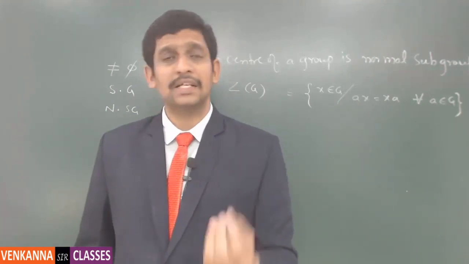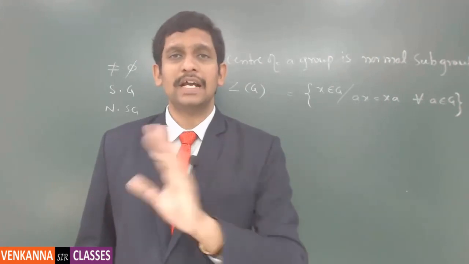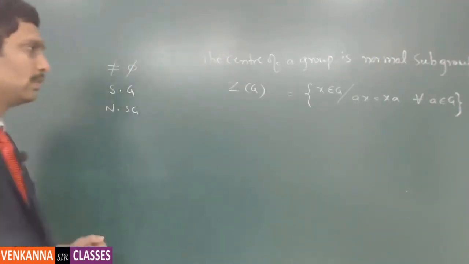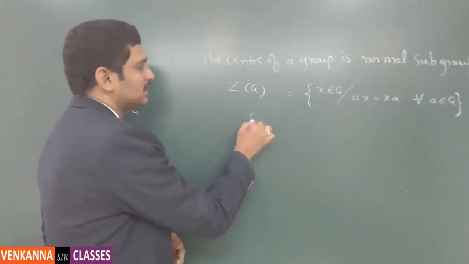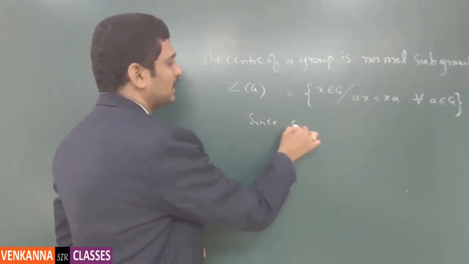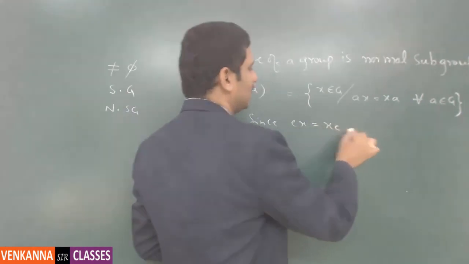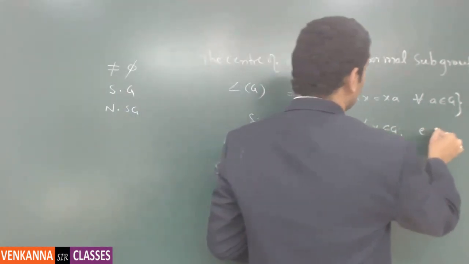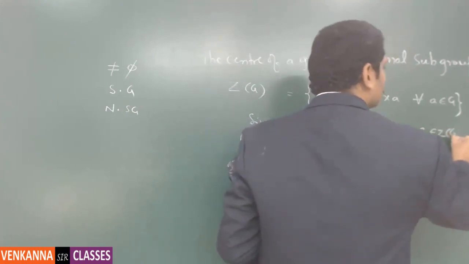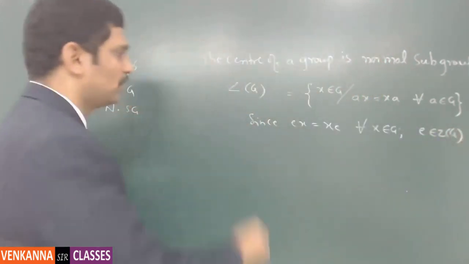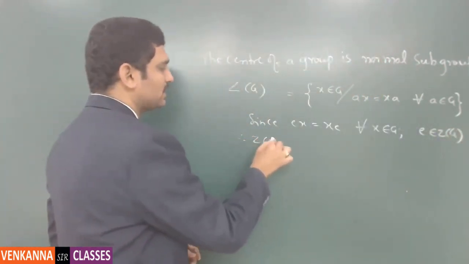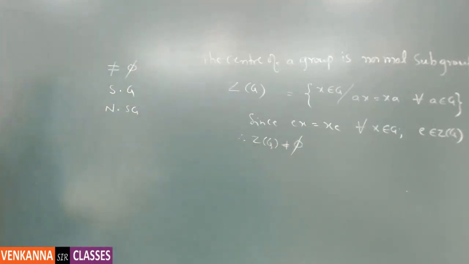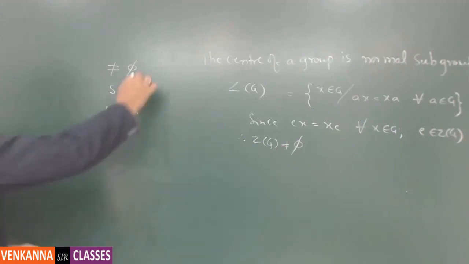Identity, because the identity element e satisfies each and every property. So formally we write that since ex equal to xe for all x belongs to G, e belongs to the center. Therefore, the center is a non-empty set. So the first part is clear.